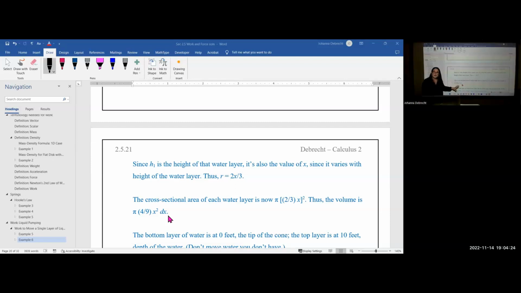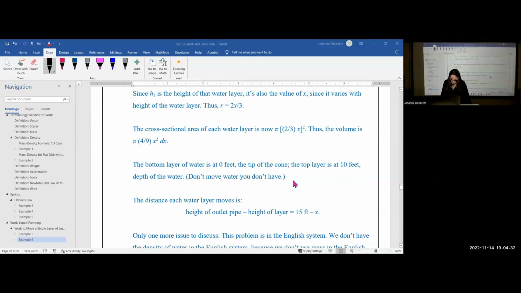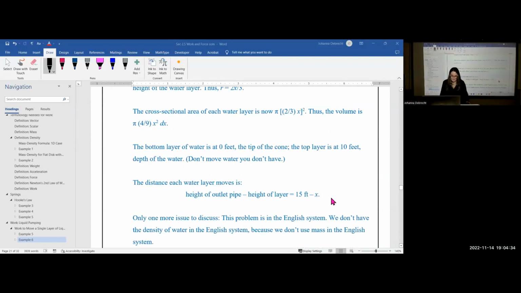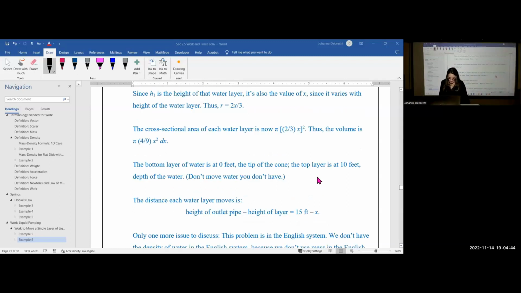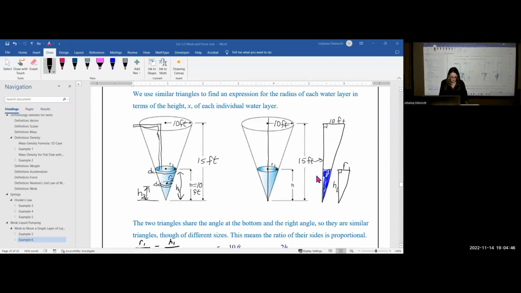Now we want to take the volume and we want to multiply by the density, and that will give us the mass. Now the bottom layer, of course, is at 0 feet, and the top layer is at 10 feet. So those will be our limits of integration. And now we need to figure out how far does each water slice move. Well, again, we can look back at our picture up here.